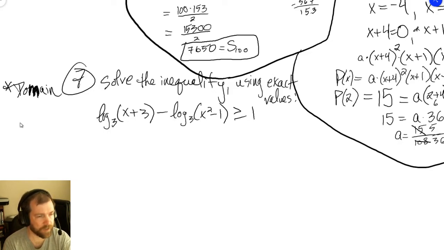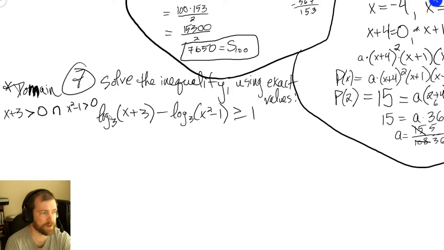Well, the argument to logarithms, so here x plus 3, and here x squared minus 1, must be positive numbers. They can't be 0, they can't be negative. So x plus 3 must be strictly greater than 0, intersected with, because this also has to be true, x squared minus 1 must be strictly greater than 0.